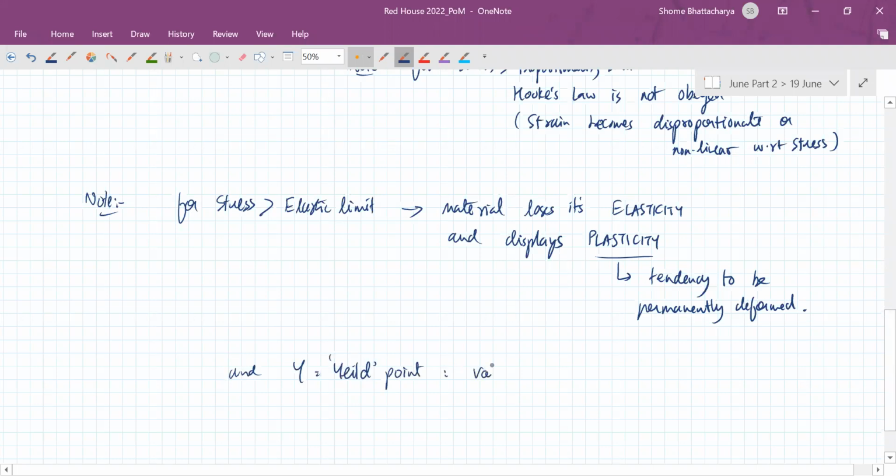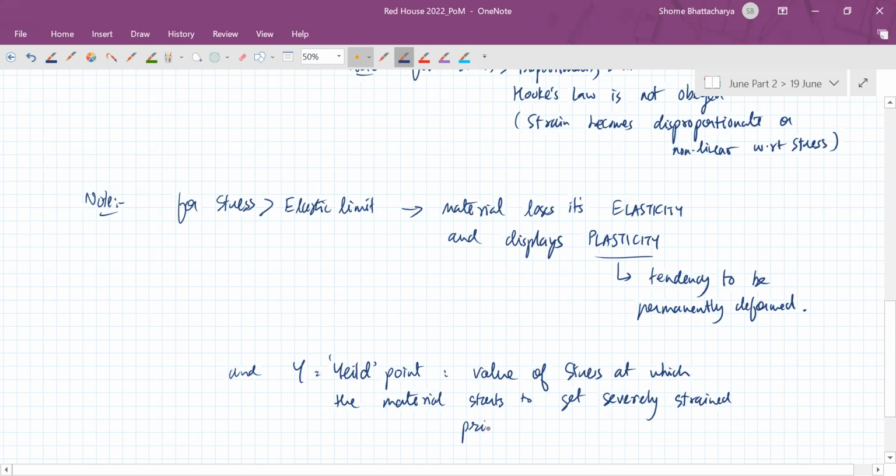It is the value of stress at which the material starts to get severely strained prior to fracture or breakage.